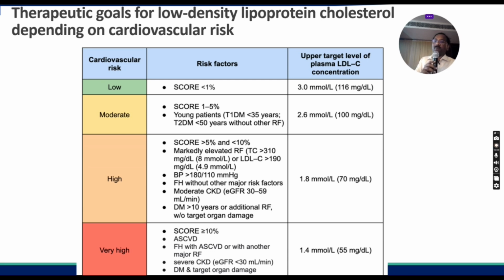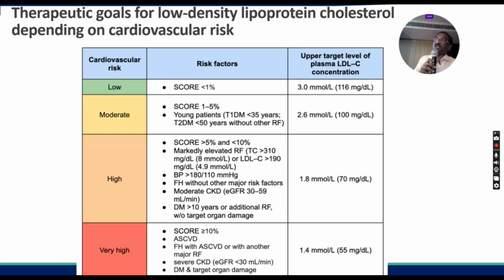If you see the people with high risk or very high risk, they are the diabetics, they are the hypertensives, they have familial hypercholesterolemia, and also they have more and more target organ damage. So those with a history of atherosclerotic cardiovascular disease come under the group of very high risk individuals. In all these individuals, our LDL goal is less than 70 or less than 55.